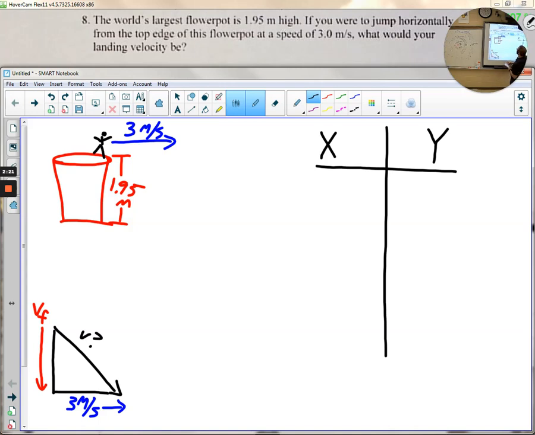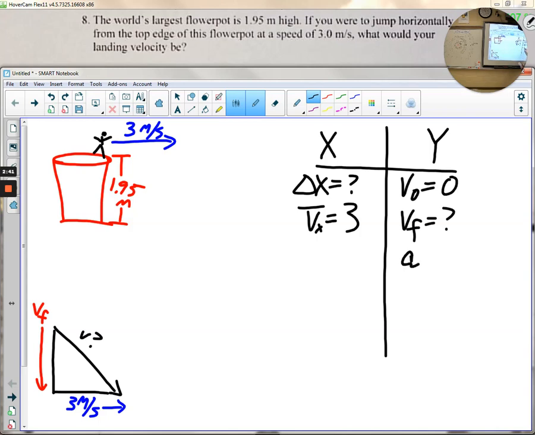As far as what's on my X, I do not know my delta X. I do know my velocity of X, which is 3. For my Y, I know VO is 0. I don't know VF. I know my acceleration is 9.8.